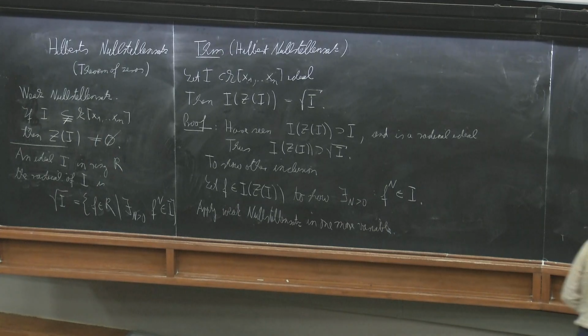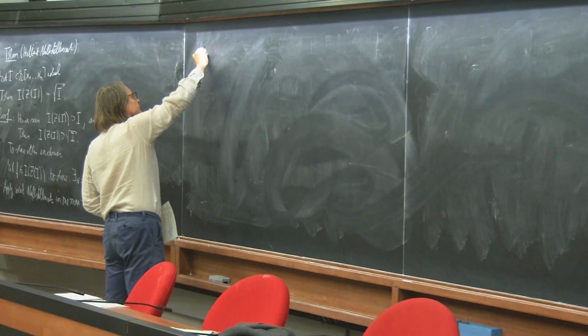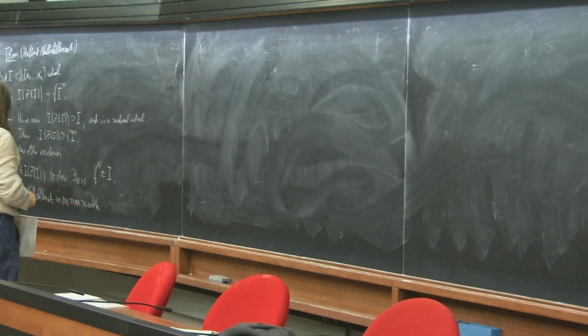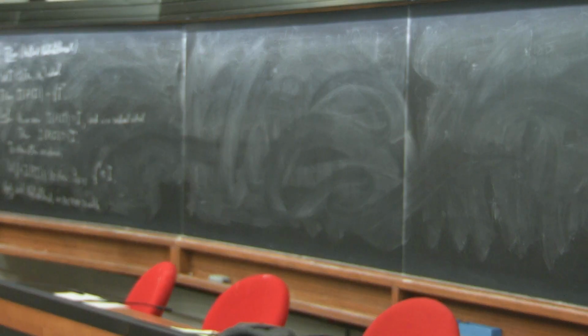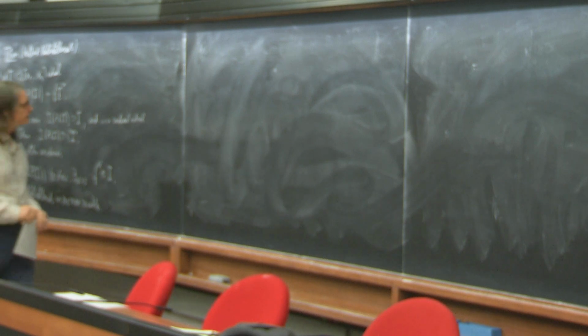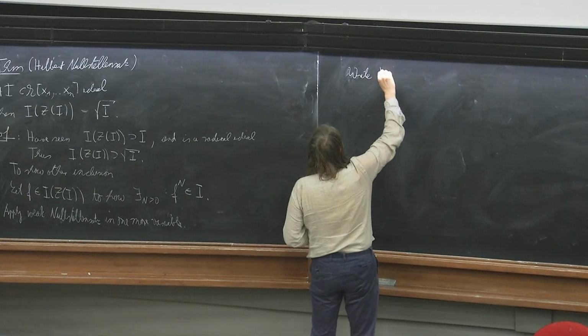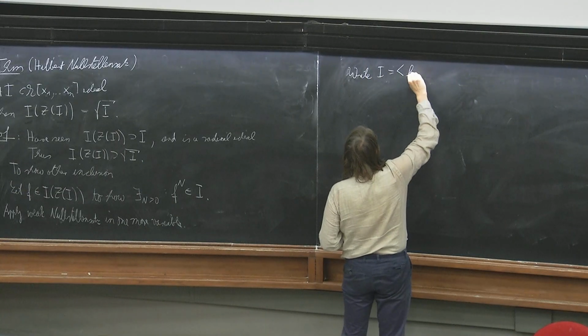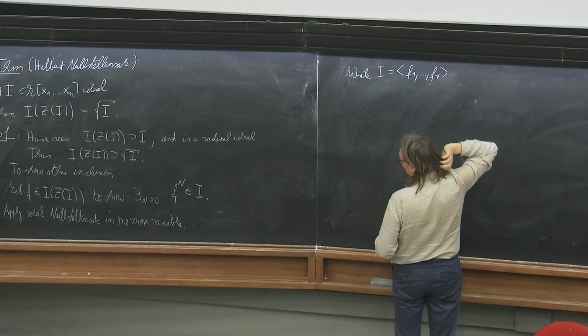So we make a new ideal out of I. First, to make it a bit simpler notationally, we know that every ideal in k[x1, ..., xn] is finitely generated, so we can write it down in terms of generators. So write I equal to the ideal generated by f1 to fr, the fi being some polynomials.